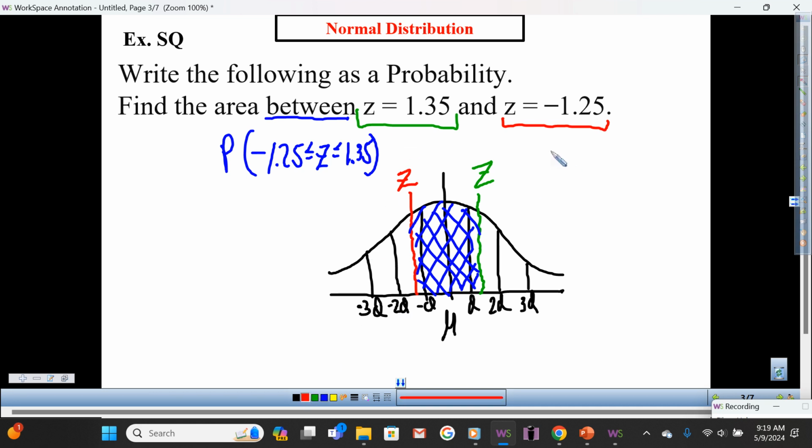She said it's .1056. Okay. .1056. And the green one? Chelsea. .9115. Okay. So now that we have that, tell your neighbor what to do with that.